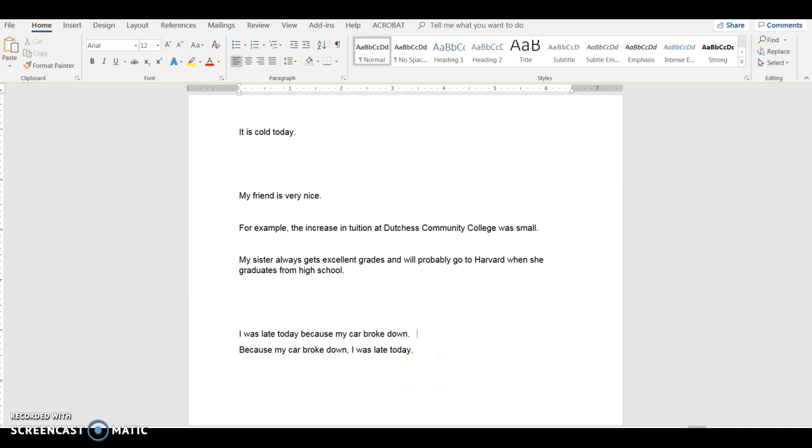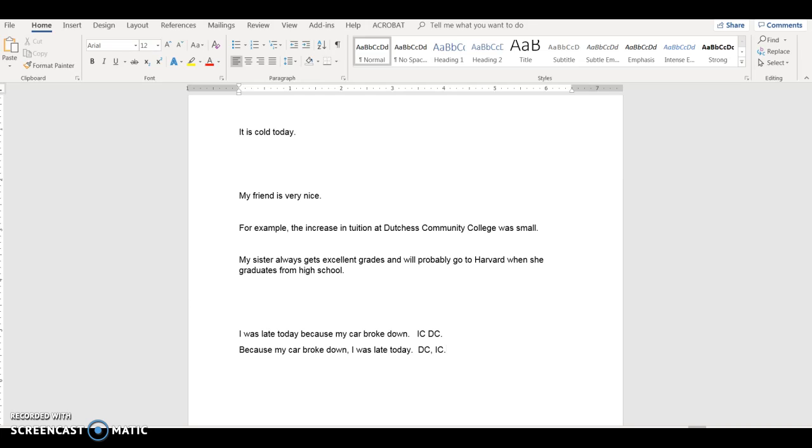You can start with your independent clause and follow it with your dependent clause and end with a period. Or you can start with your dependent clause, put in a comma, then your independent clause, and end with a period. But you cannot just have a dependent clause alone.